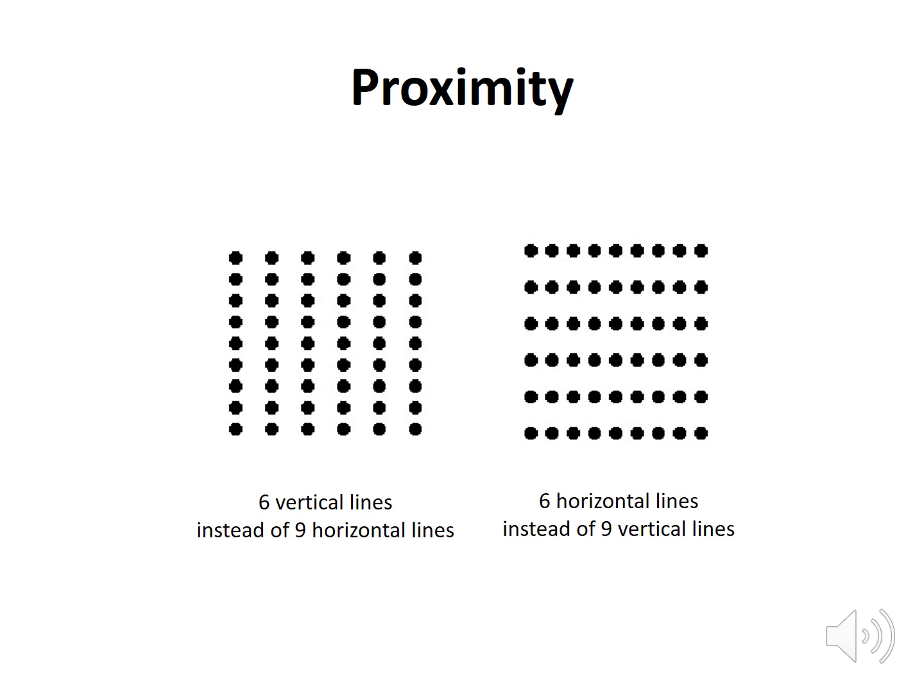The answer is proximity. Whatever is close to each other belongs together. And here 9 dots are close to each other, so they belong into one category, into one unit. So you have 6 vertical lines on the left and 6 horizontal lines on the right.